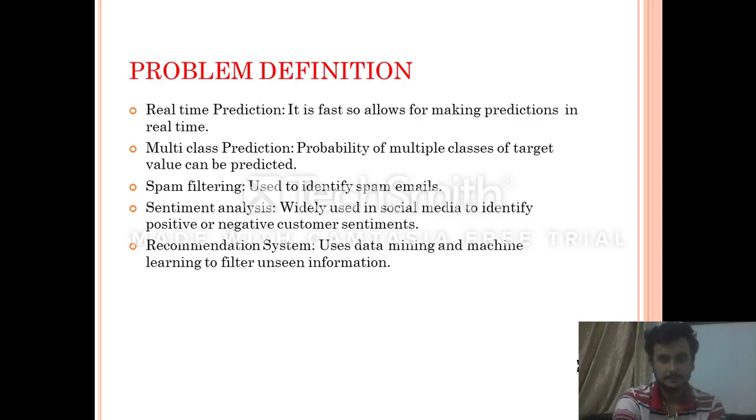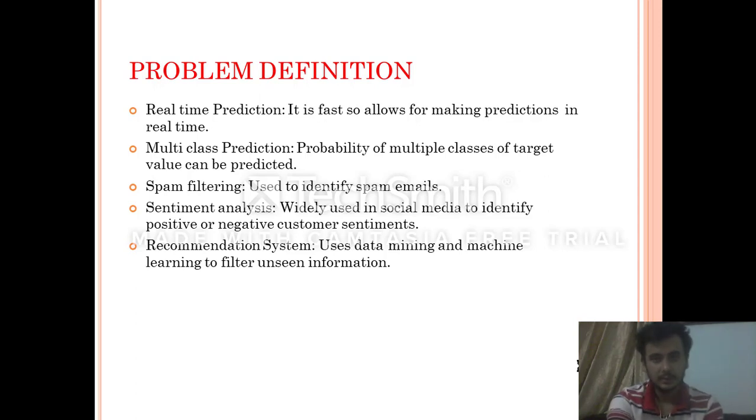Sentiment analysis. We as customers might not always be satisfied with the services provided by the developer on different apps. Naive Bayes algorithm can be used to analyze the positive or negative sentiments or comments of the customers. Recommendation system.